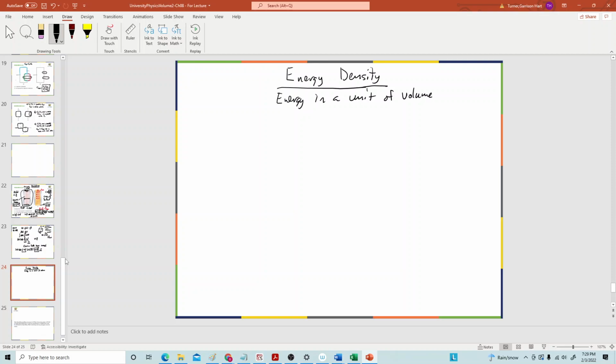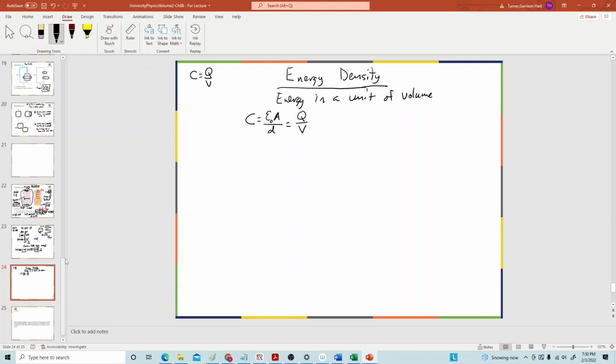Now, remember that the capacitance of a parallel plate capacitor without a dielectric is given by epsilon naught A over D. But capacitance is also equal to Q over V. What we want to do is express the capacitance in terms of the electric field, because the electric field is a fundamental quantity.